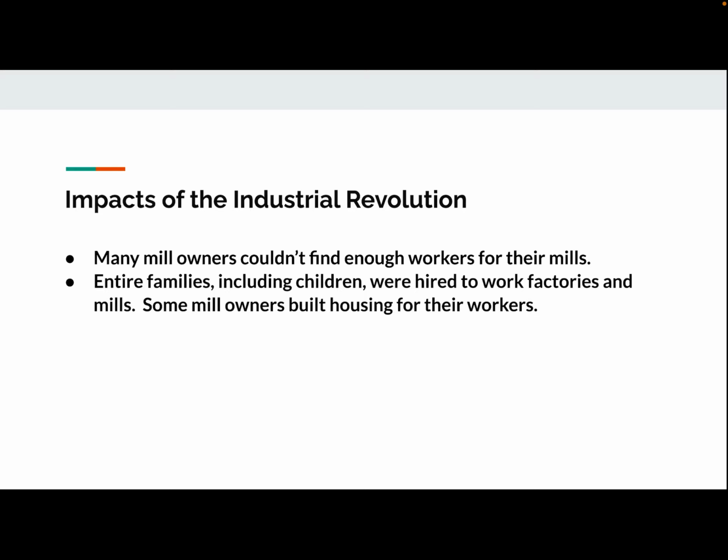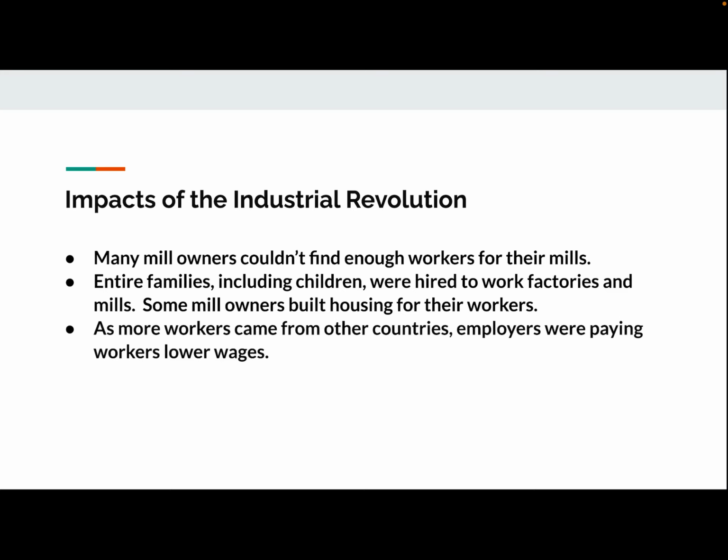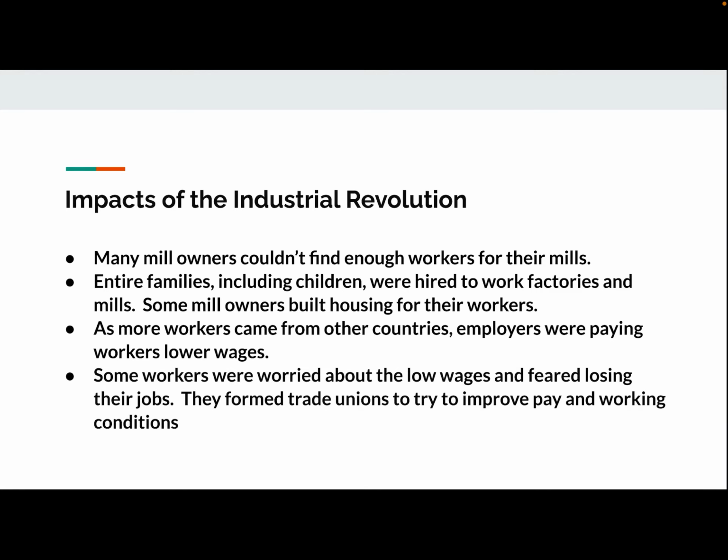Some mill owners built housing even for their workers. As more workers came from other countries, employers were paying workers lower wages, like Javier was saying. Some workers were worried about the low wages and feared losing their jobs, so they formed trade unions to improve pay and working conditions.